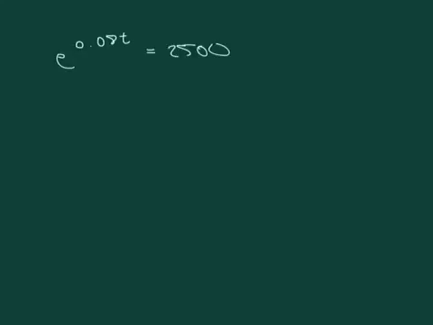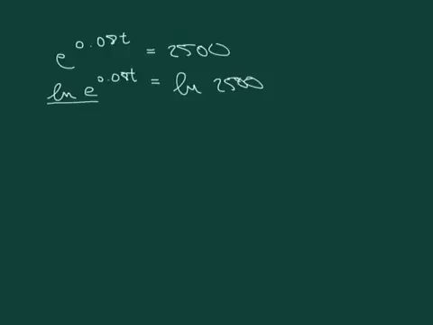Can I make 2500 into an e? Probably not. So what I'm going to do is take ln of e to the 0.08t and make that equal to ln of 2500.